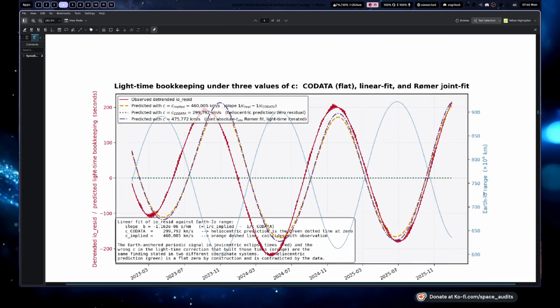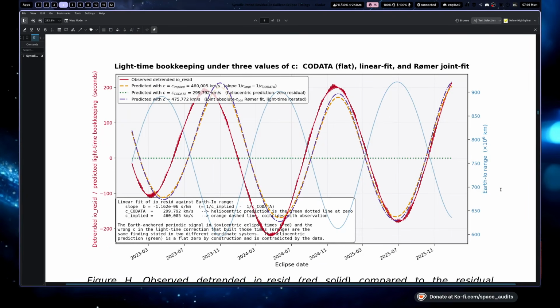If you guys will look at the graph on the left, on the vertical axis on the left-hand side where it says the 0 is, that's the seconds, the number of seconds that's added up over the year. That green dotted line, that's a horizontal line. That's the predicted signal that we should get, right?